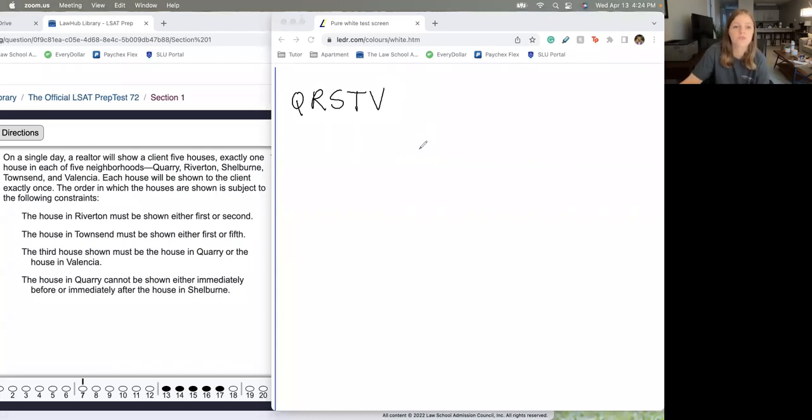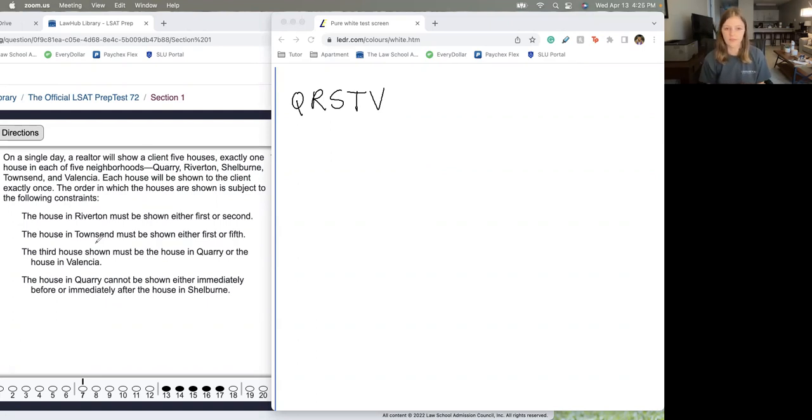Each house will be shown to the client exactly once, and the order in which the houses are shown is determined by the following rules. Just for clarification, this game makes it a little weird in that our variables are the neighborhoods, not the houses, but they're considered the same thing.